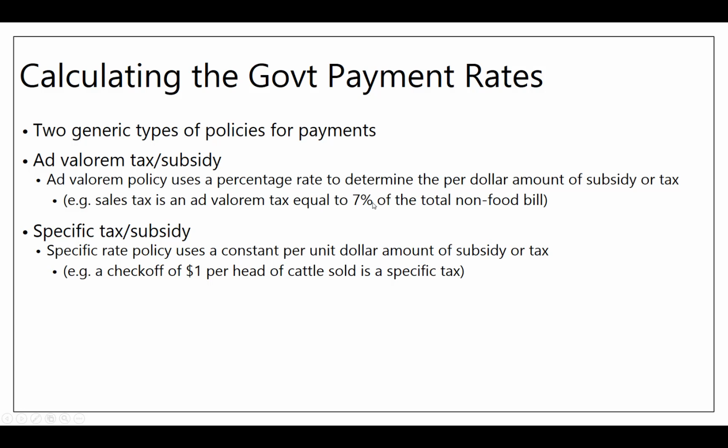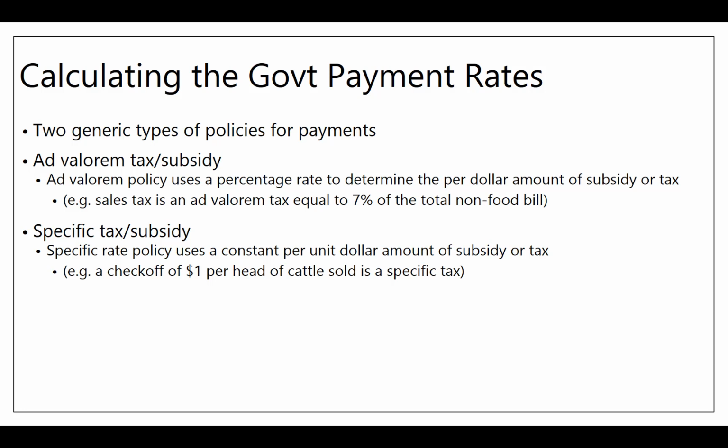If you're buying clothes, whatever, if it's not grocery non-prepared foods, sales tax is equal to 7% in our municipality here. And so it's basically whatever the price tag is on some item, assuming it's not a food item, it's 7 cents for every dollar on the price tag, right? So that's what we call an ad valorem tax.